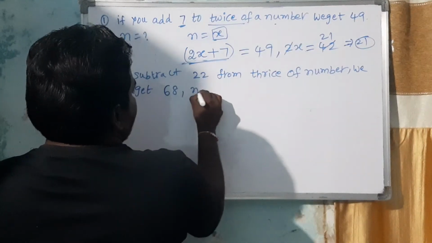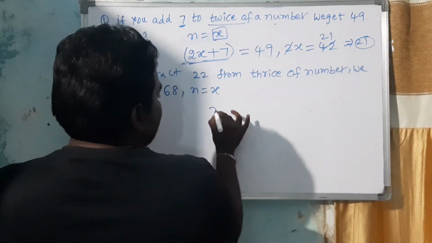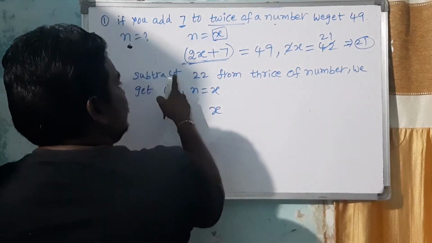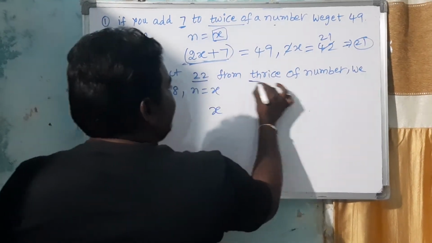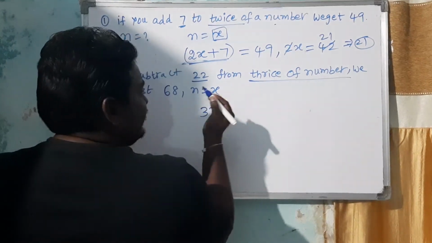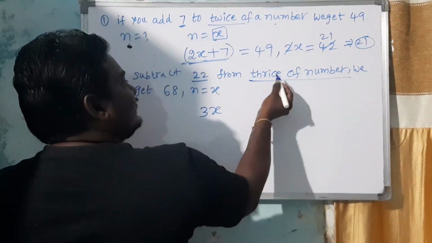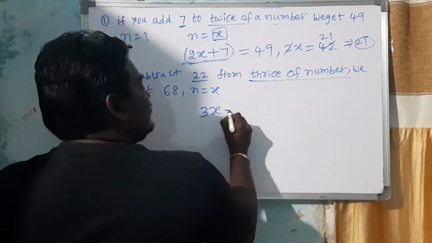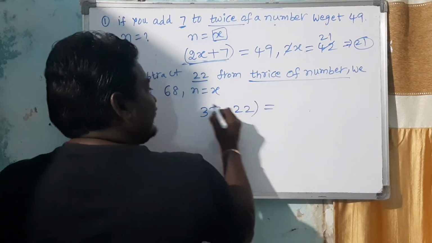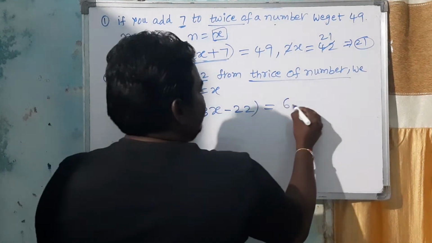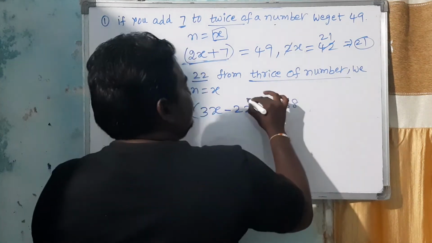What is this number? He is asking. Let me take that number as x. If you subtract 22 from thrice of a number, thrice means 3x. We are subtracting 22 from thrice of a number: 3x minus 22. We are getting 68. 3x minus 22 equals 68. Transform this 22 to this side.